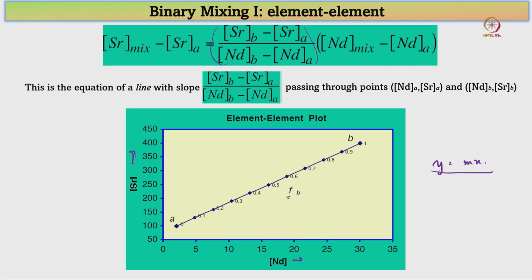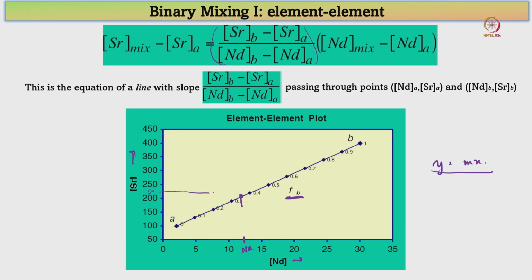So, when you plot your data, if your data plots here, you go back and find out the fraction from this particular slope. Using this slope, you are going to find out the fraction, because in your sample you are going to calculate a particular neodymium value and a particular strontium value.